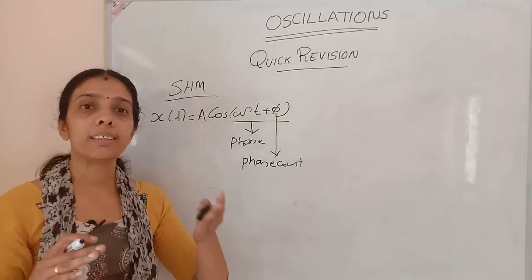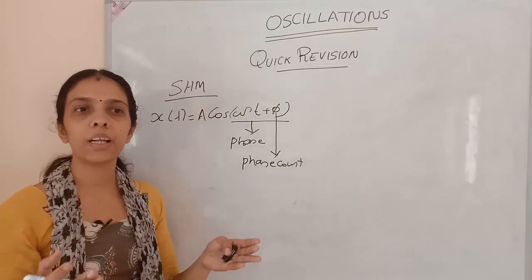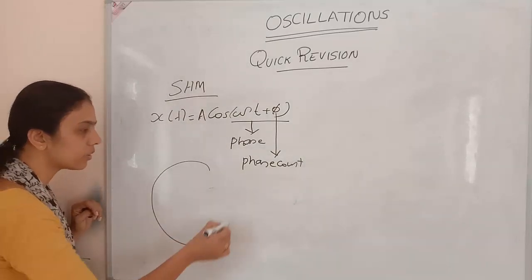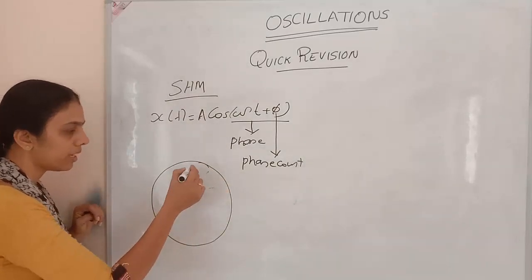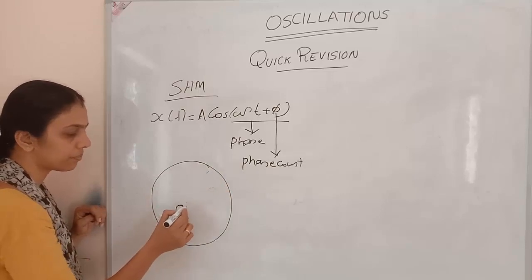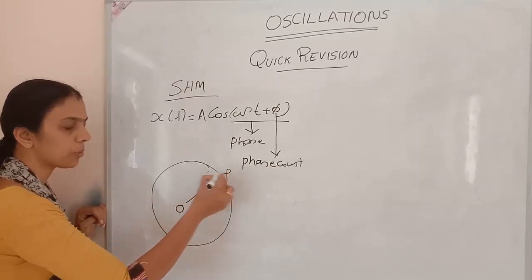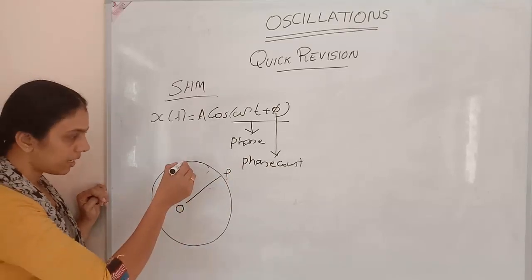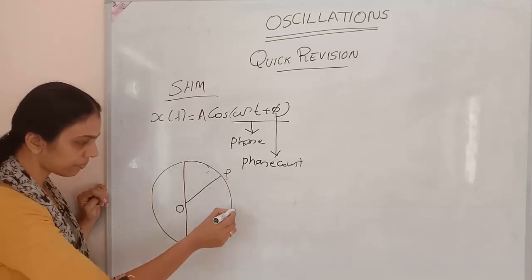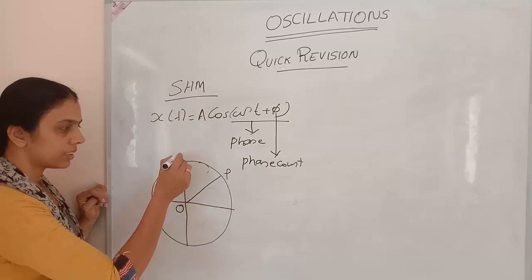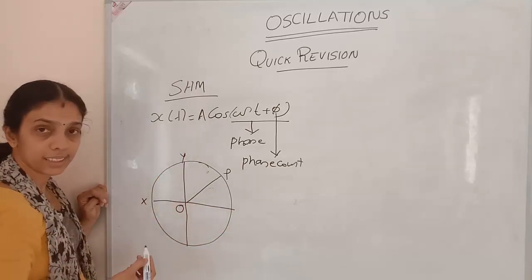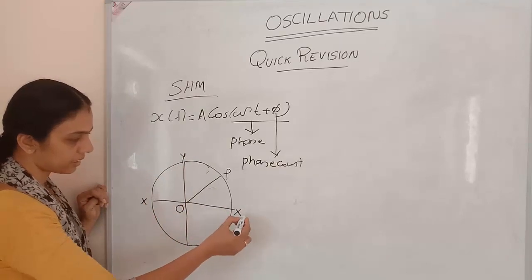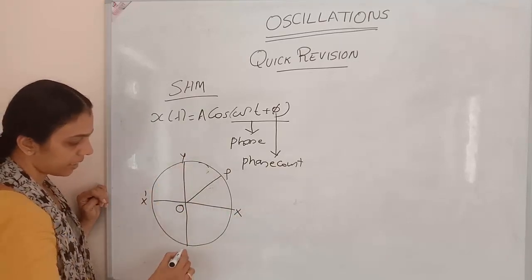Now we already learned how to represent simple harmonic motion using circular motion. Considering a circular motion, O is the center, with the y axis and x axis, and x dash and y dash.